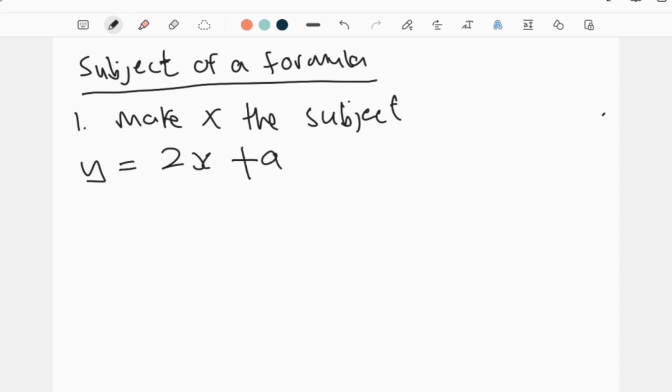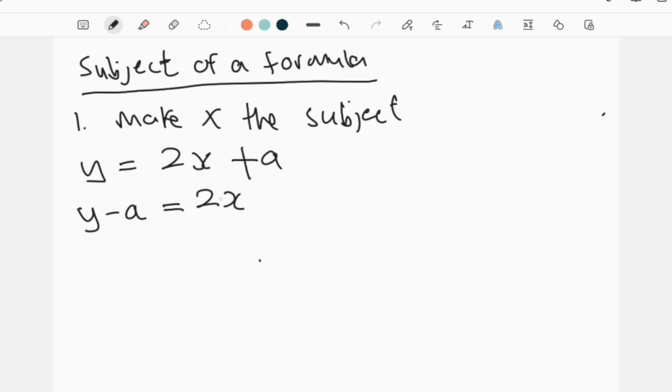In this case, if we use simple algebra, it's quite simple. All you have to do is minus a from both sides. Because this is plus a, if you minus a on both sides, it will cancel out and minus a will come to the other side. So y minus a equals 2x.